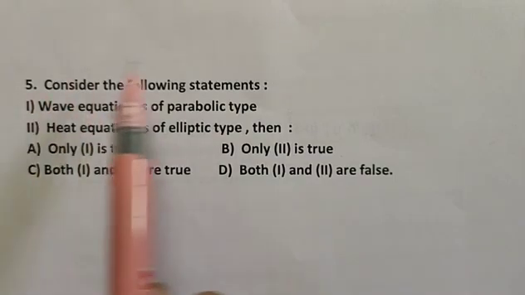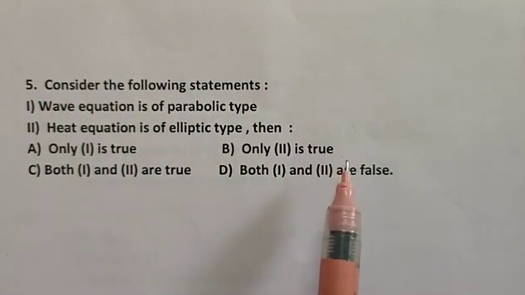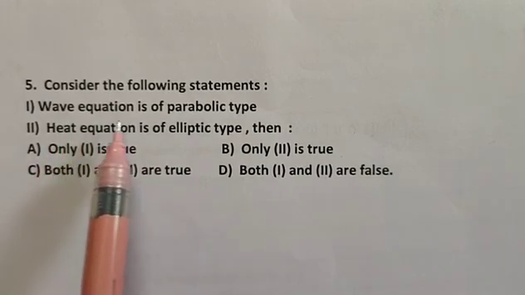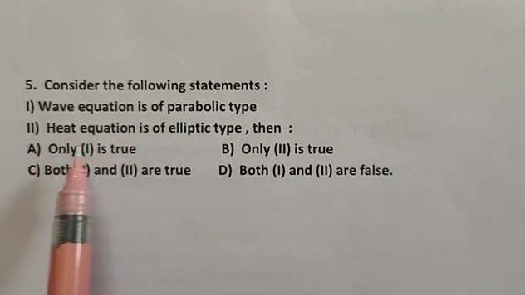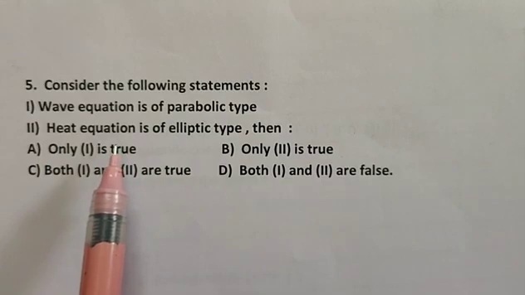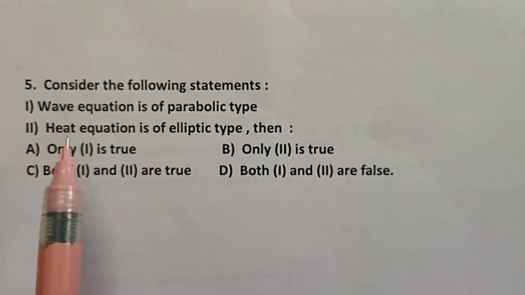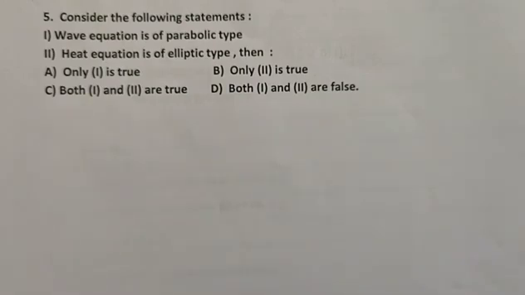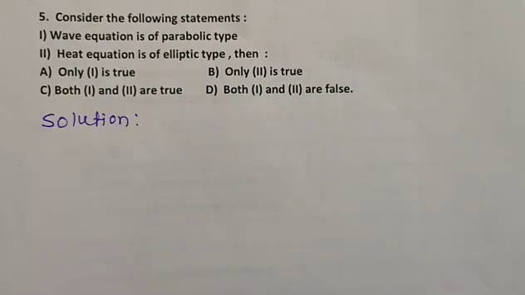So this is example number 5. We have to say which one is correct option. Here wave equation and heat equation are given. So you should know what is wave equation, what is heat equation. Okay. See. Solution. Now wave equation.